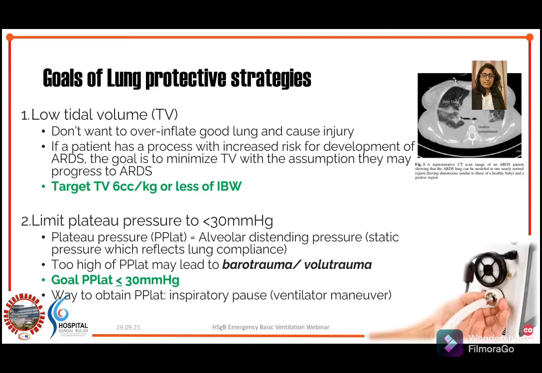So the goal would be to make sure your P-plat is less than 30 mm mercury to prevent barotrauma, which is your pneumothorax. The way to obtain your P-plat would be by pressing your inspiratory pause in your ventilator. All right, and you got to make sure that your patient is adequately sedated before you do this maneuver.